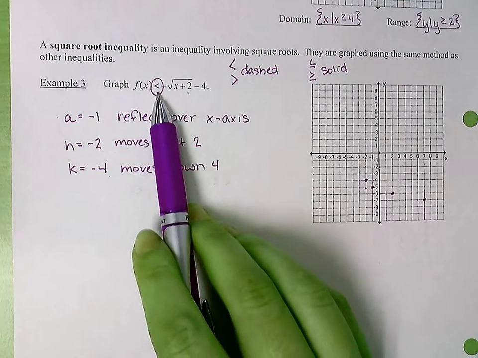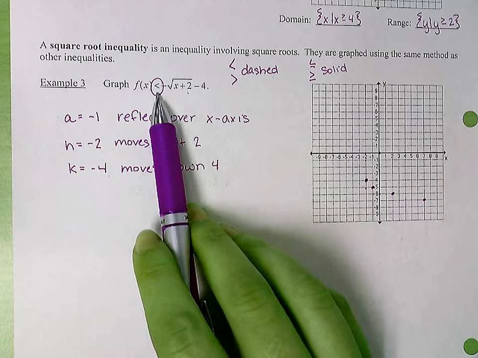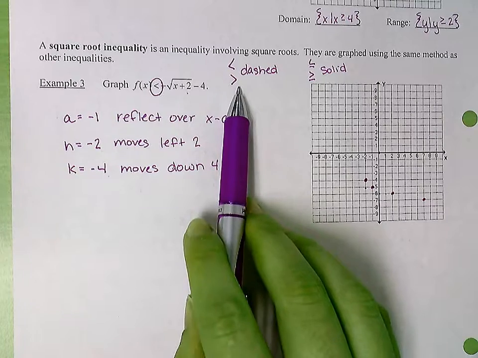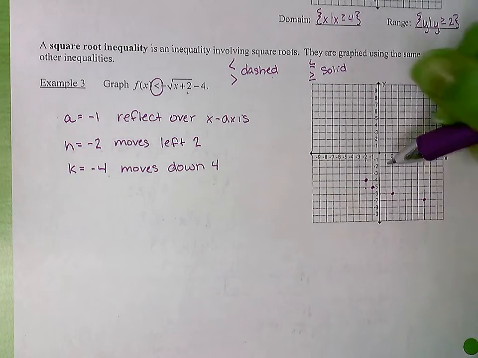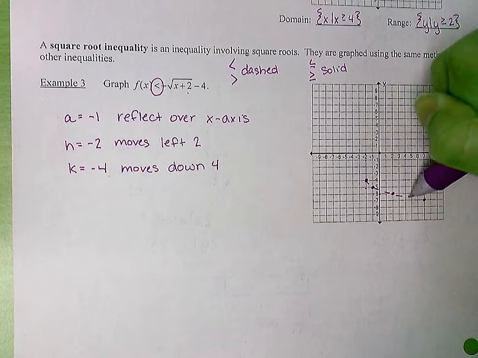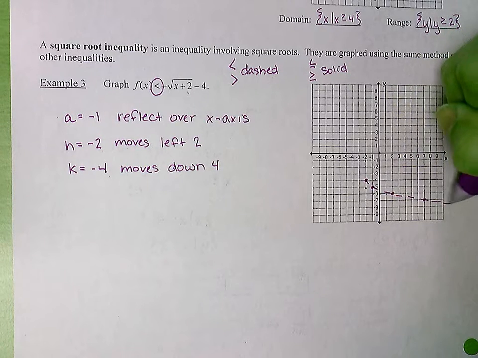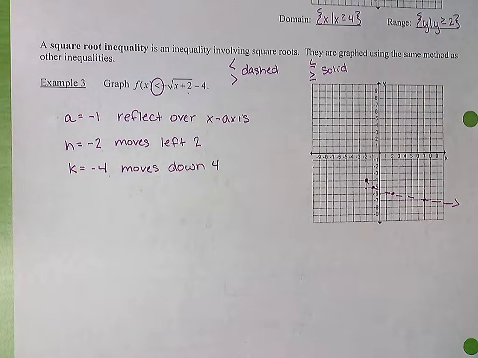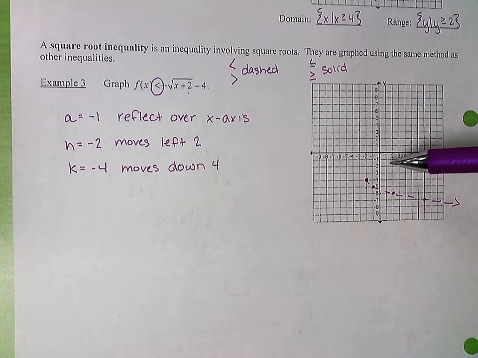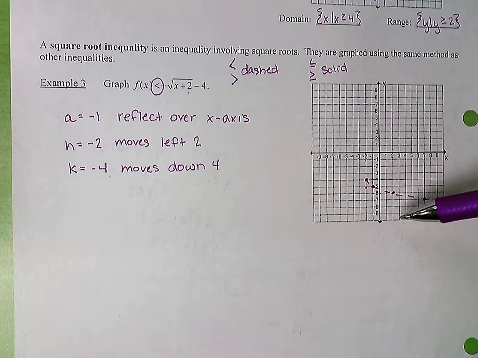Now looking back at my inequality, it is a dashed line. So I have to make this a dashed line as I connect those points. Now I'm not done. You need to either pick a point above that or below that to check to see if it works in your equation.